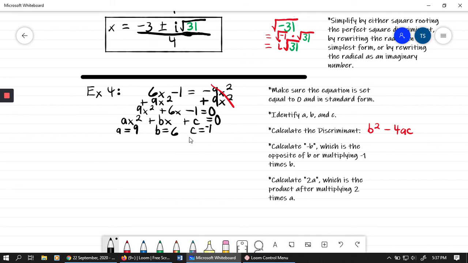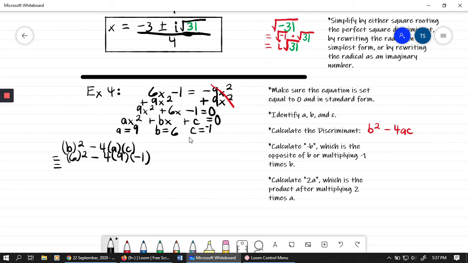Let's go ahead and do our discriminant, b squared minus 4ac. b is 6, so that's 6 squared minus 4 times 9 times -1.